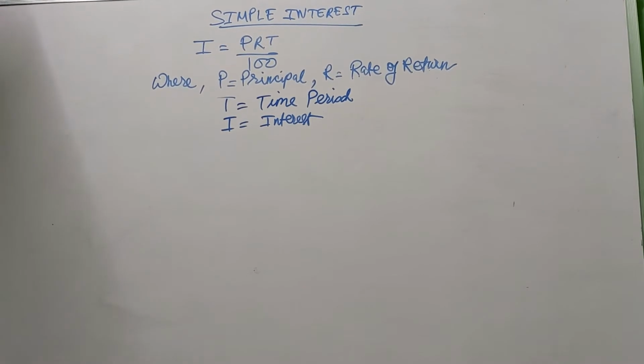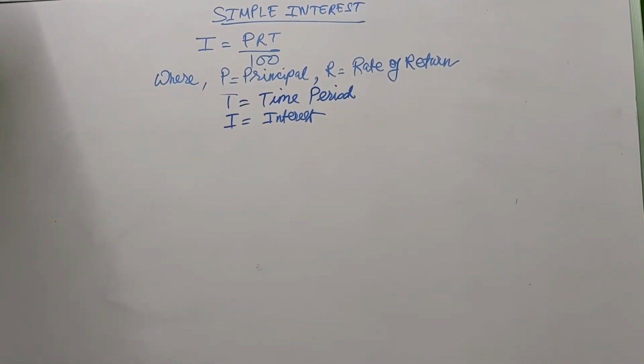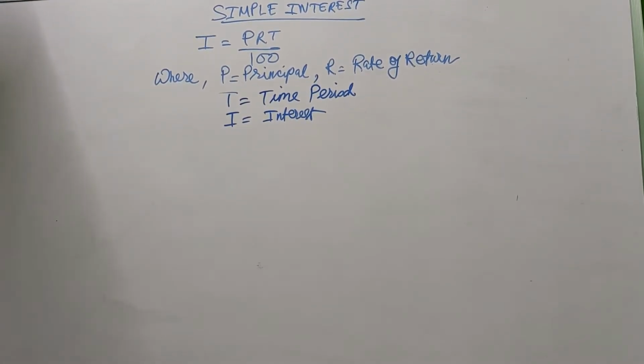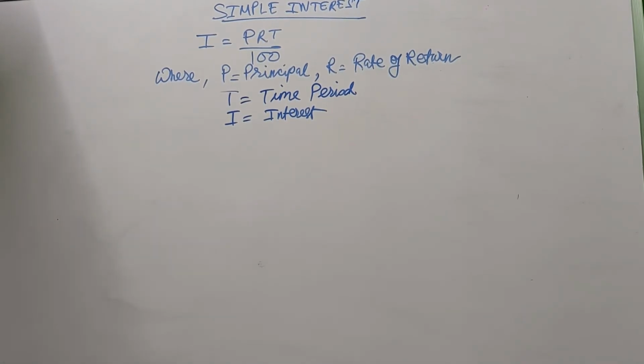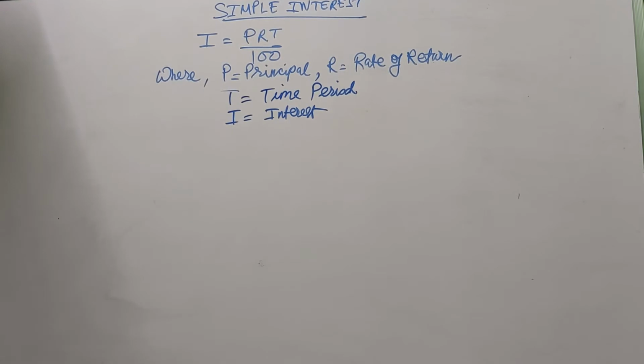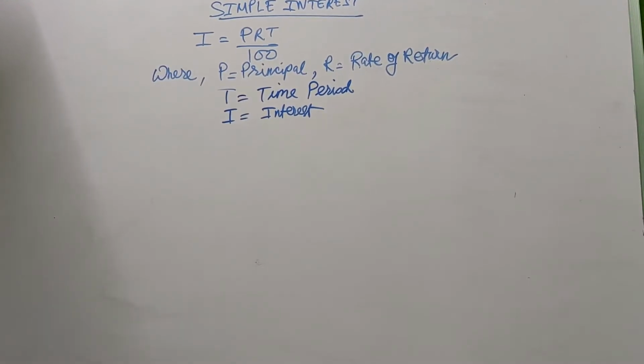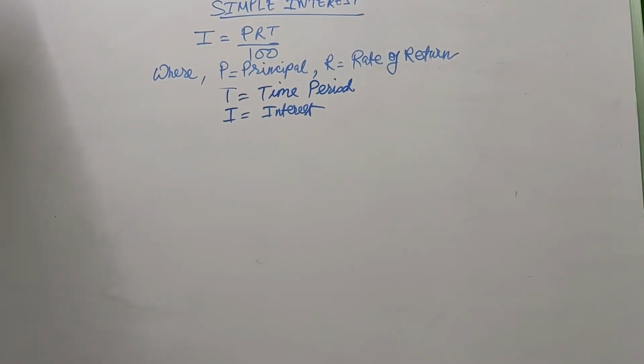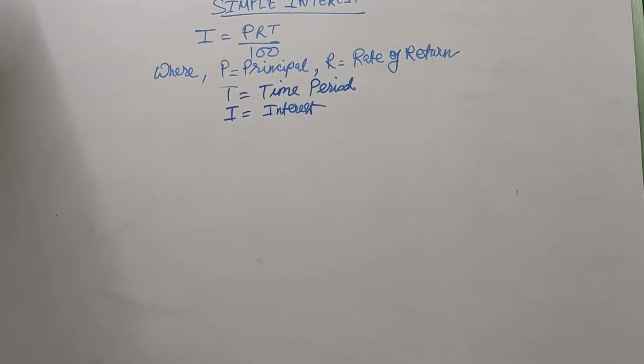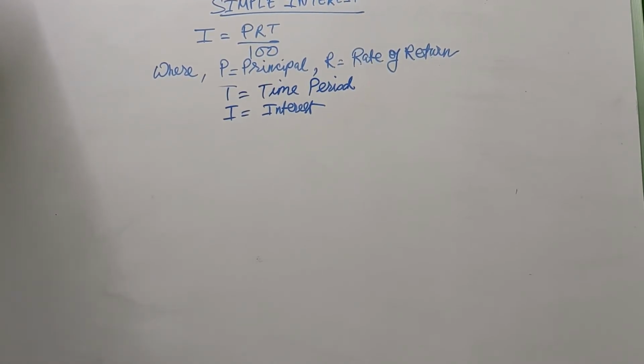Okay. So, if we take the first sum, what is there to solve it? The first sum says: calculate the amount of compound interest on rupees 3,750 for 2 years at 8% compounded annually.